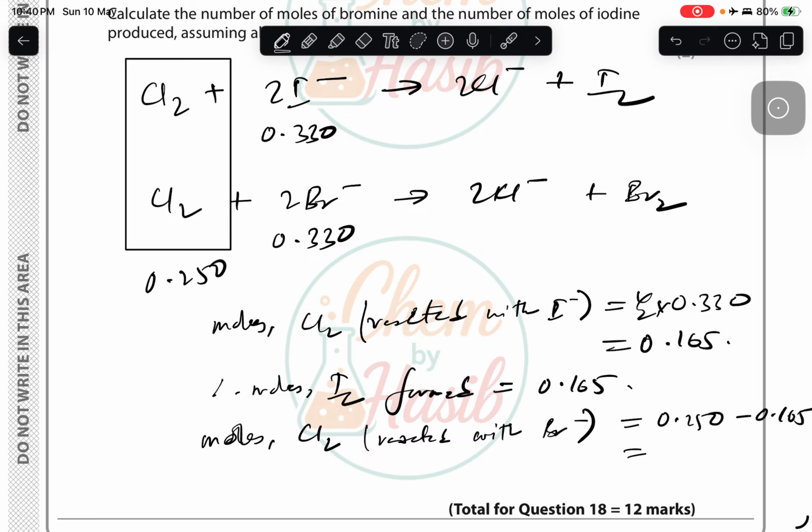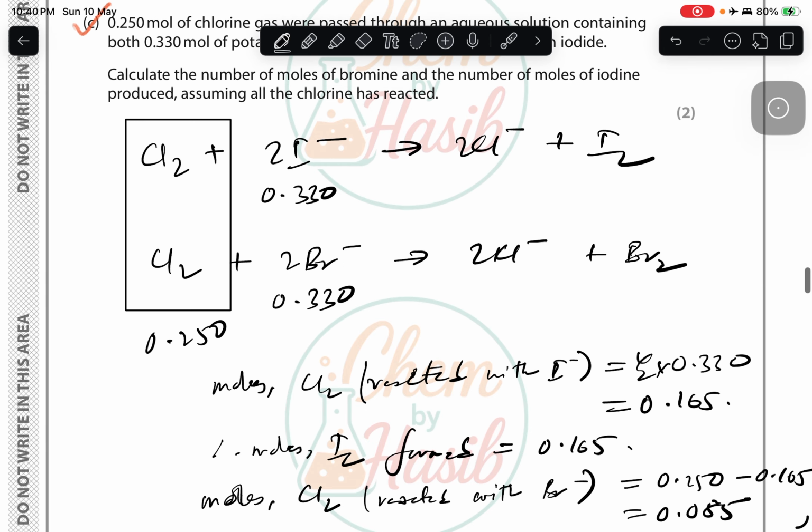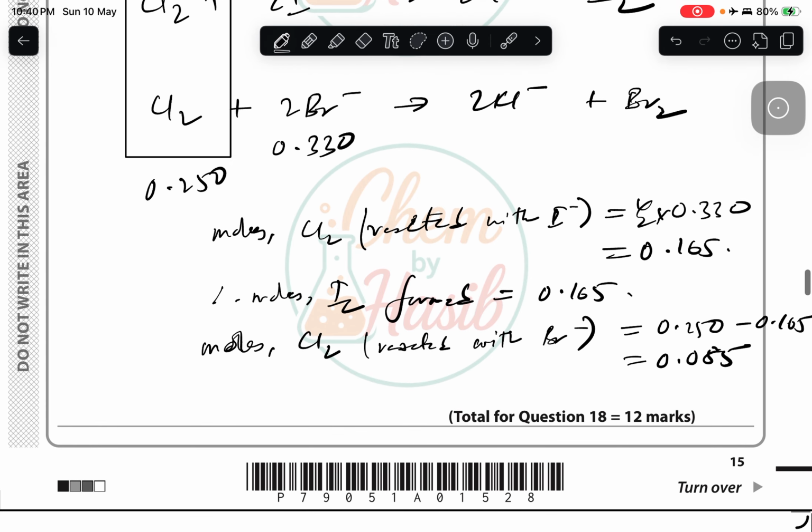This comes out to be 0.085, right? So therefore, moles of bromine formed will be equal to 0.085. So these are the two answers.